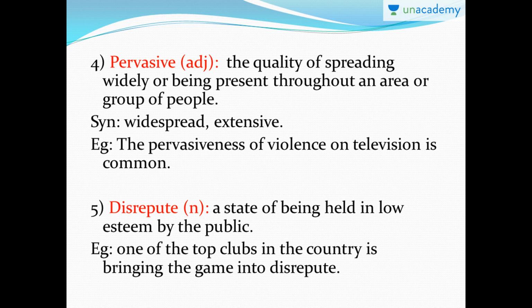The next word is disrepute. If you break this word, it is dis-repute. That means it is the opposite of reputation. Disrepute is a noun. That means a state of being held in low esteem by the public. That means your reputation is not there. You're being disrespected by the public. You're being held in low esteem. That means people look down upon you. You're not considered a person who is honored.